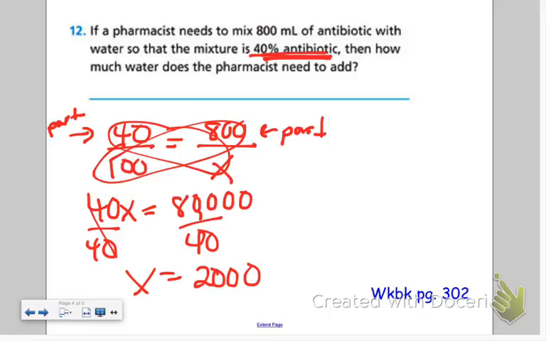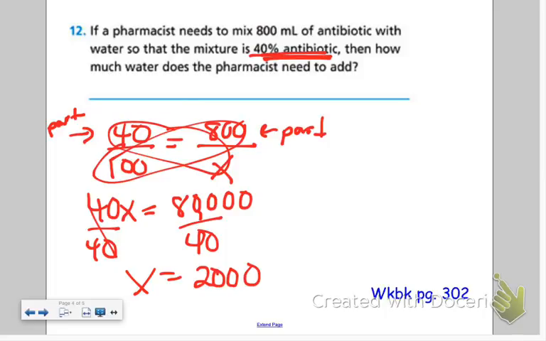Now, be careful with this one. Is 2,000 the amount of water that the pharmacist needs to add? Is the water supposed to be the whole amount of the mixture? No. The mixture is antibiotic and water. And we know 40% of it is antibiotic, meaning 60% of it must be the water.